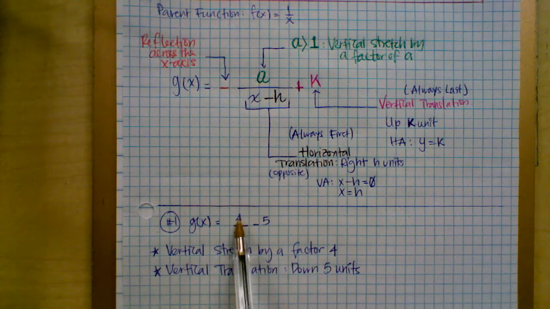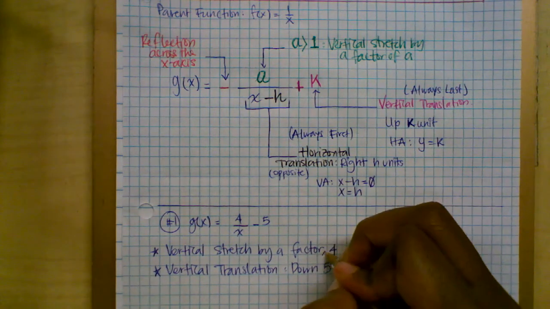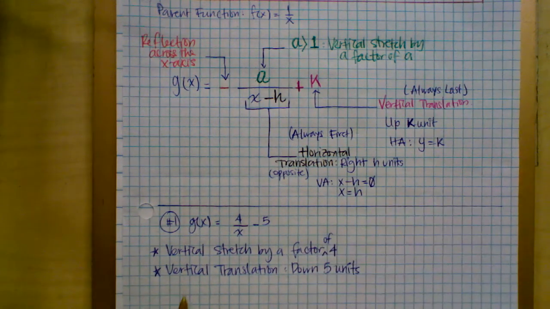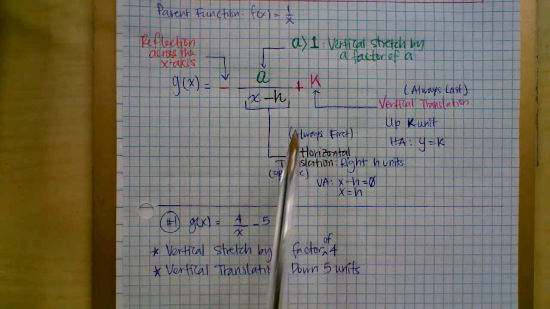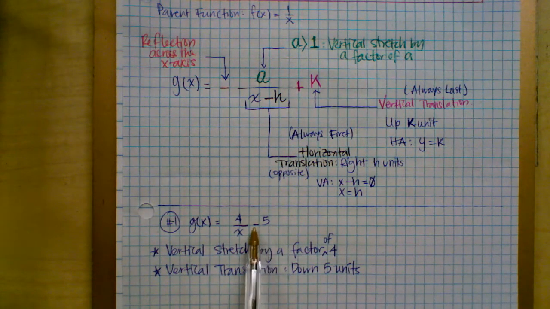And 4 is greater than 1, so that's why I said, okay, vertical stretch by a factor of 4. Right. So now, the last transformation is the vertical translation. You see there's a number being subtracted from the rational term. Okay, so that's why I say the vertical translation down 5 units.